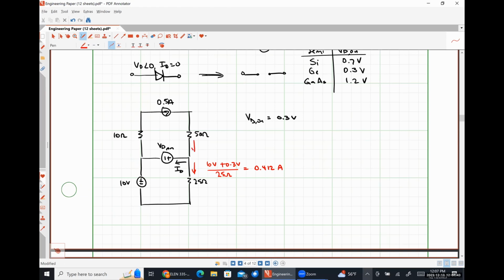And the current flowing down right here is 0.5 amps. And so our diode current is simply the difference, which is 0.088 amps or 88 milliamps, which agrees much more closely to the exponential model without having to do all of the work of using the exponential model.